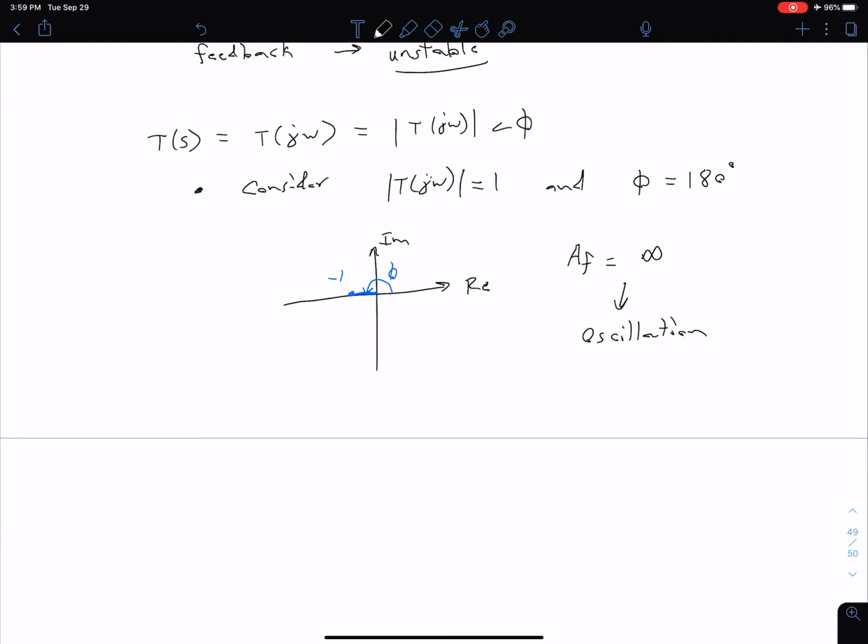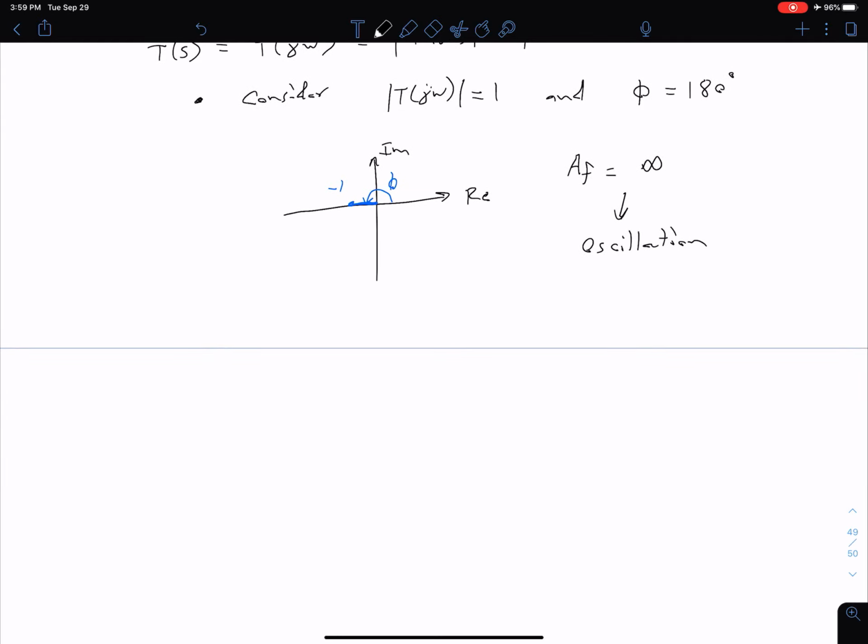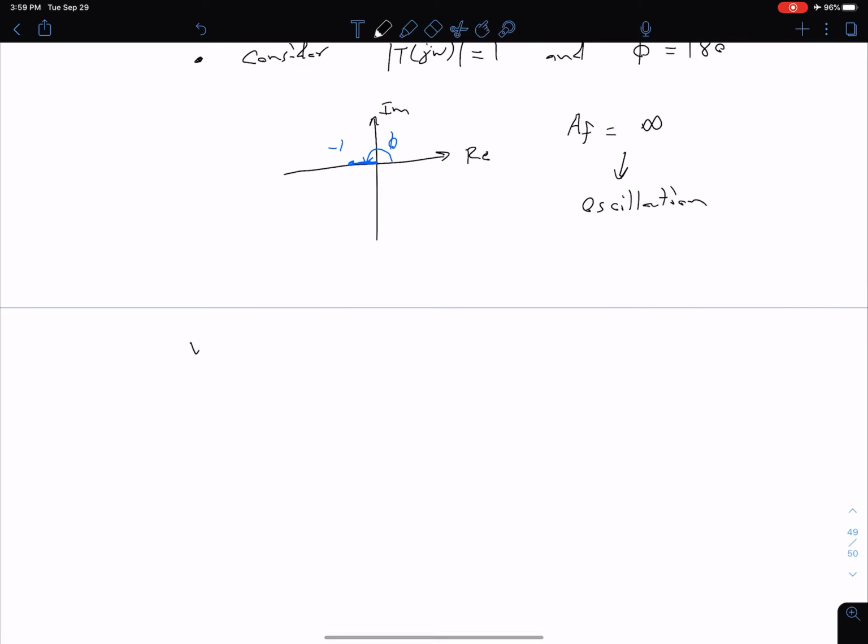But for what we're talking about now, this oscillation is not intended, so our circuit has just become unstable. What we're going to show in some of the later videos is that if the magnitude of this loop gain is less than 1 when our phase is equal to 180 degrees, our system is going to be stable.